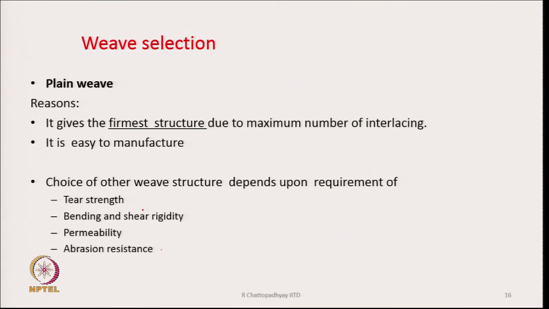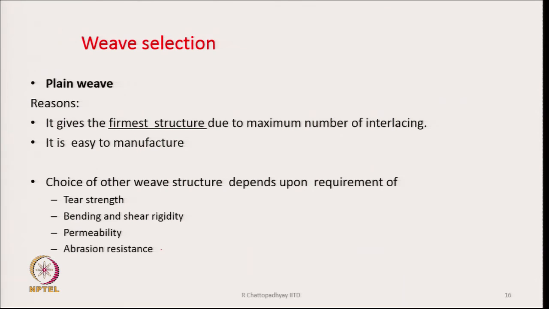So, different constructions give you different types of tear strength from the same yarn, or bending and shear rigidity may also change if we change the constructional parameter or the design of the weave.